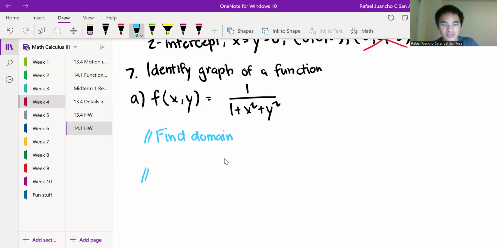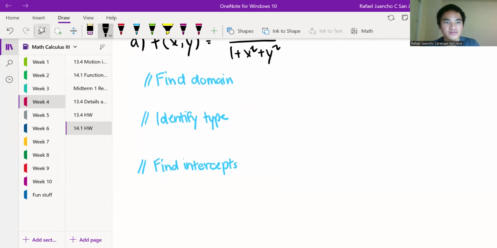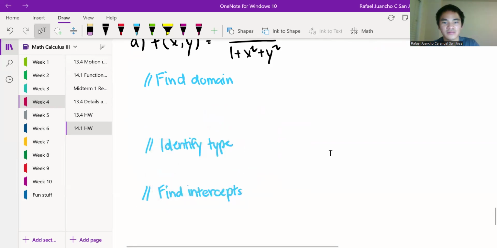Another thing that we did was identifying the type of graph. Is it an ellipsoid? Is it a paraboloid? Is it a hyperboloid? That type of stuff. And then lastly, what we did was find intercepts. So those are the three things we did. I might just do all of them right here.